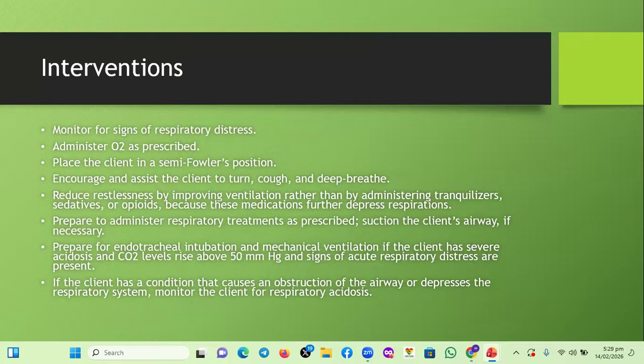So clients might end up with endotracheal intubation or being put on mechanical ventilation if the condition worsens. If the client has a condition that causes an obstruction of the airway or depresses the respiratory centers, you have to monitor for respiratory acidosis. This is a take-home message.